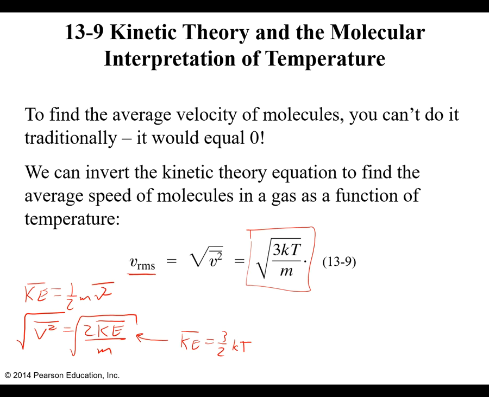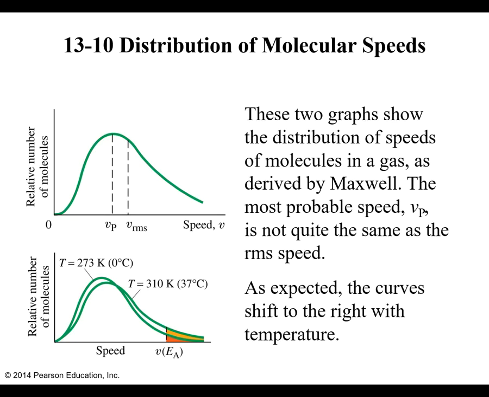All right, one last thought on the kinetic theory, and that is the distribution of molecular speeds. Remember, this is a statistical analysis. So if you were able to measure the speed, not velocity, but speed of all the molecules in an ideal gas, you would get a distribution that looks something like this.